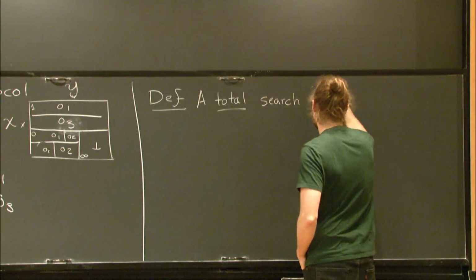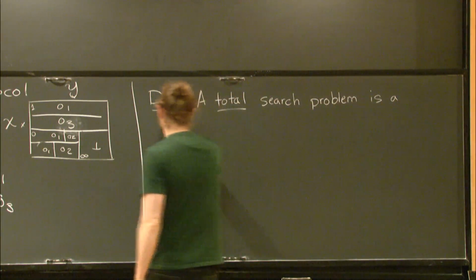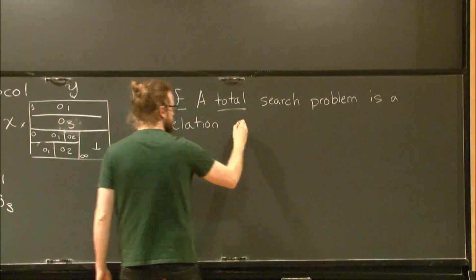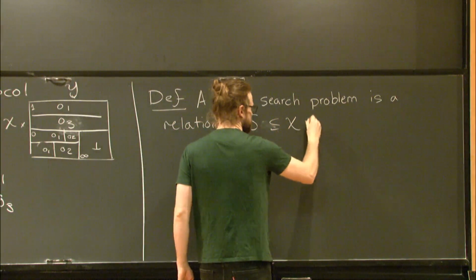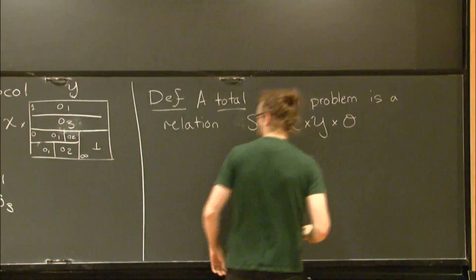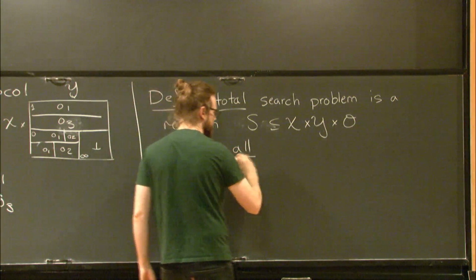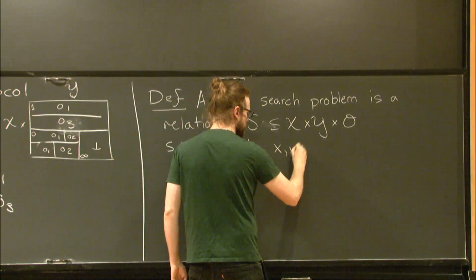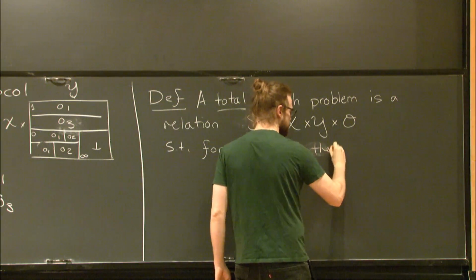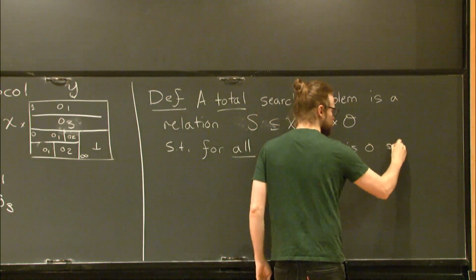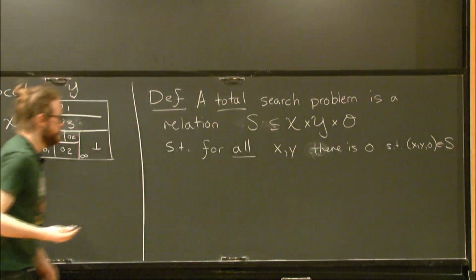So for us, a total search problem is going to be a relation S, which is contained in X cross Y cross O, such that for every X and Y, there is an O. That's just saying that there's always an answer to the problem.